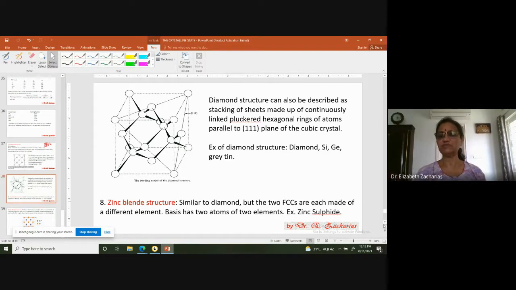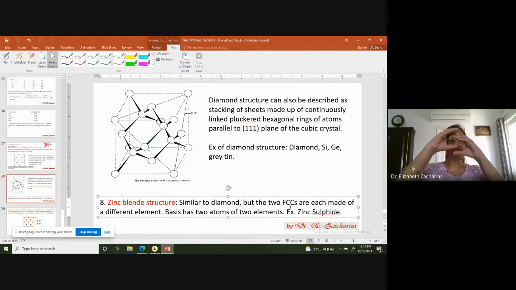The next is going to be zinc blende. Zinc blende is similar to diamond, but there are two FCCs. I told you the two FCCs are separated from each other by a quarter of a body diagonal. But in the case of zinc blende, what happens is Zn and S: one FCC of Zn and another FCC of S. When they come together, you get the zinc blende structure.